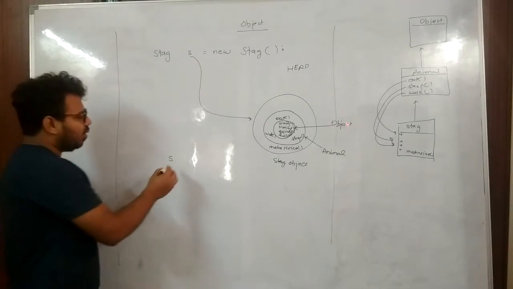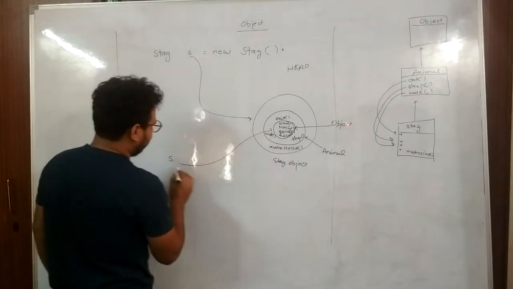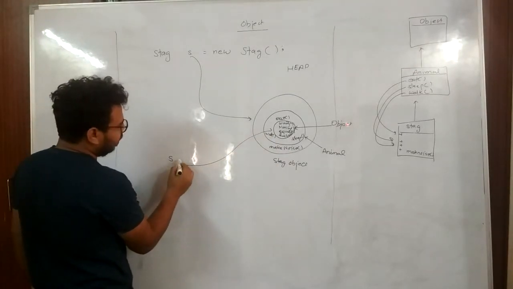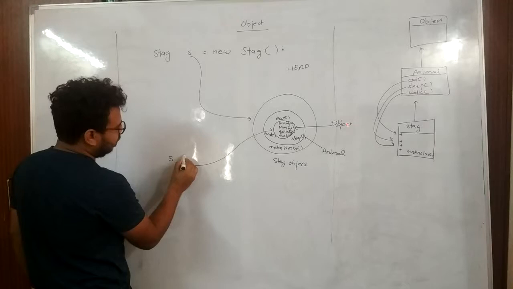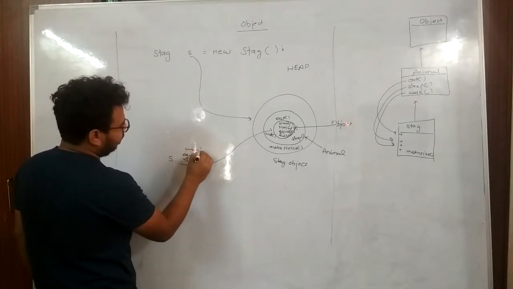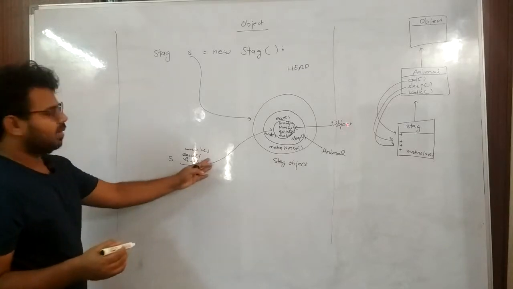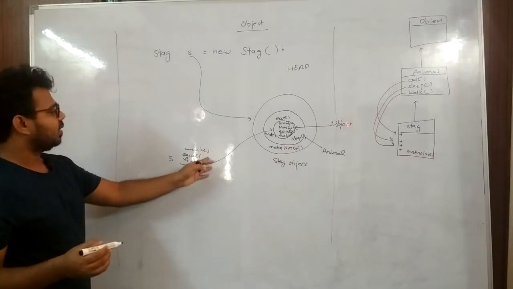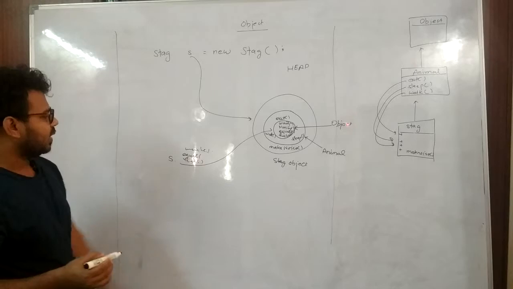All the methods of object. That is, when I write s dot, I can access the methods equals, hashCode, wait, notify, and the other 11 methods of the object class.